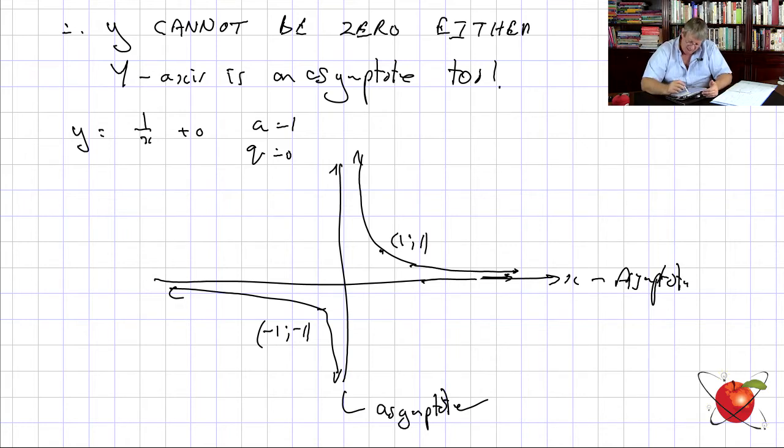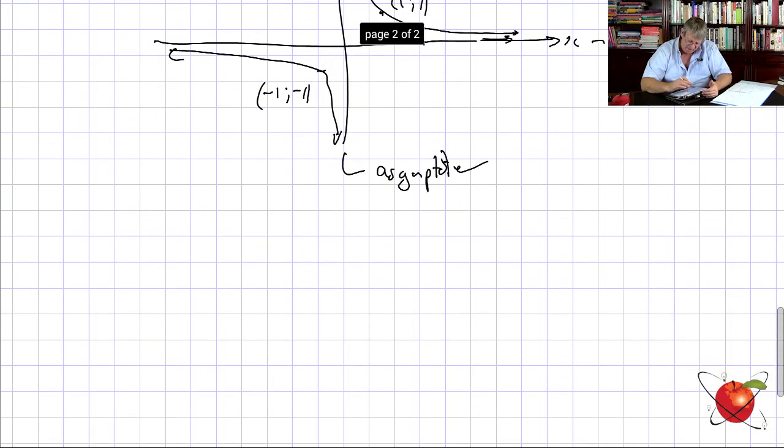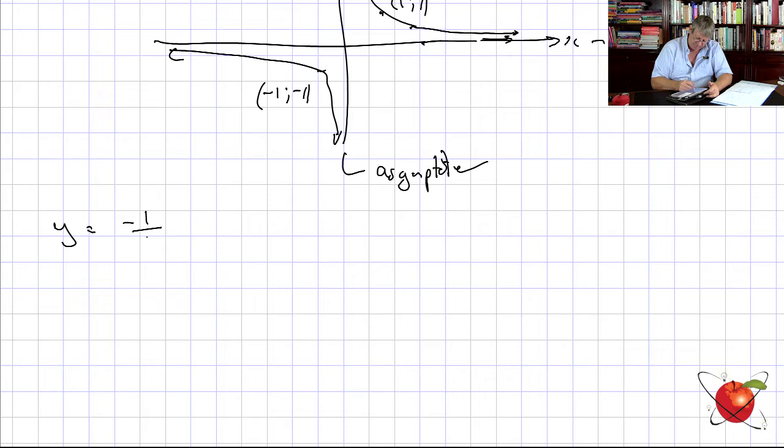Now, let us have a look at something slightly different then. What about y equals minus 1 over x? I'm just filling in the 0 there. Obviously we don't write that. Well, what have we done?